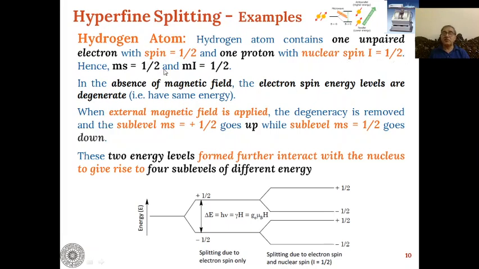Then there is hyperfine splitting. The unpaired electrons are affected by the applied magnetic field, as I have told you, and the two spin states split into two different energy states.